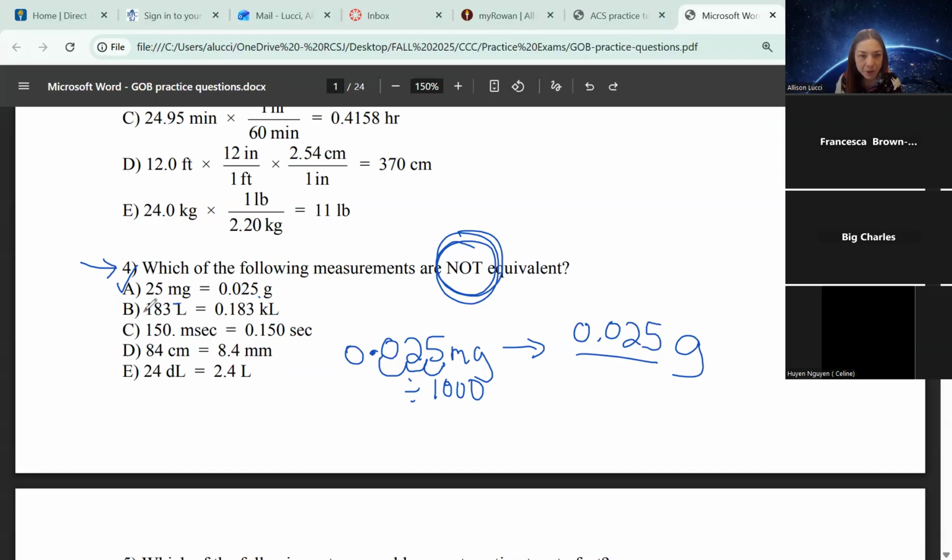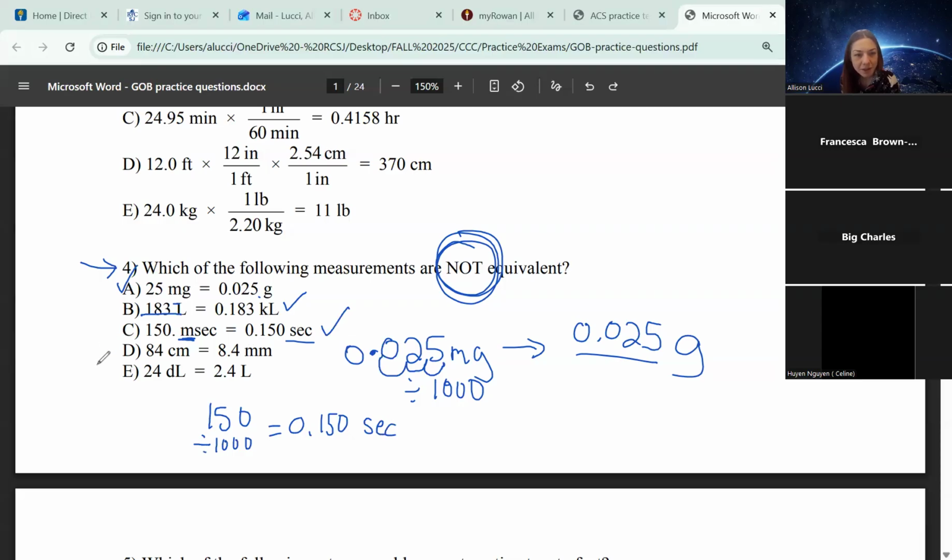So I would have to divide my 183 to get to kiloliter units, and that would be what I end up with here, 0.183. Next, I have 150 milliseconds. So this is also another unit of a 1,000 in difference between seconds and milliseconds here. So if I took 150, divide that by 1,000, I'm going to get my 0.150 seconds. So that one checks out.